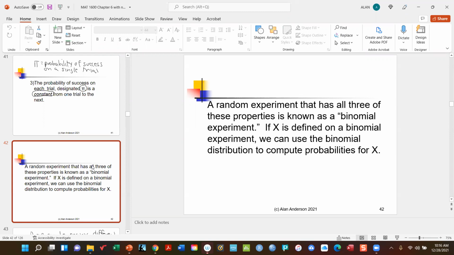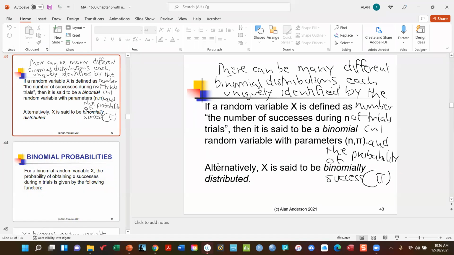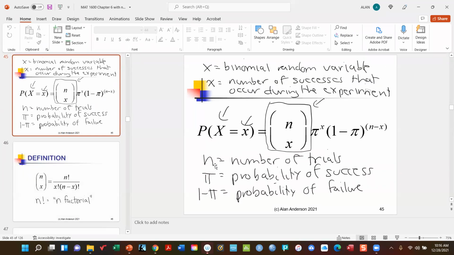All right, so that's why this is so important, because if these conditions are met, then we can use our formula to calculate any probability that we need for x. Now the formula is right here, and this is where we were spending most of our time last time, trying to understand what this formula actually means. So if x is binomial, we can use this formula to calculate any probability that we want.